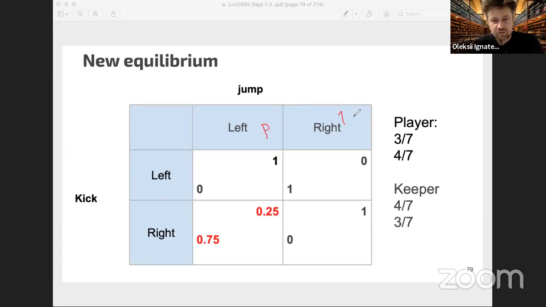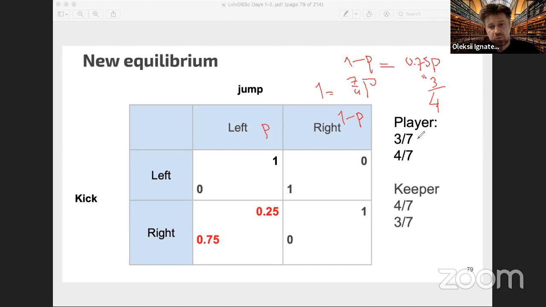So we have P and 1 minus P here, and we should equalize 1 minus P from the left with 0.75 P. Okay, and 0.75 is 3/4, and it's 1 equal to 7/4 P. So P is equal to 4/7, and 1 minus P is equal to 3/7, and for the player it is 3/7 and 4/7.